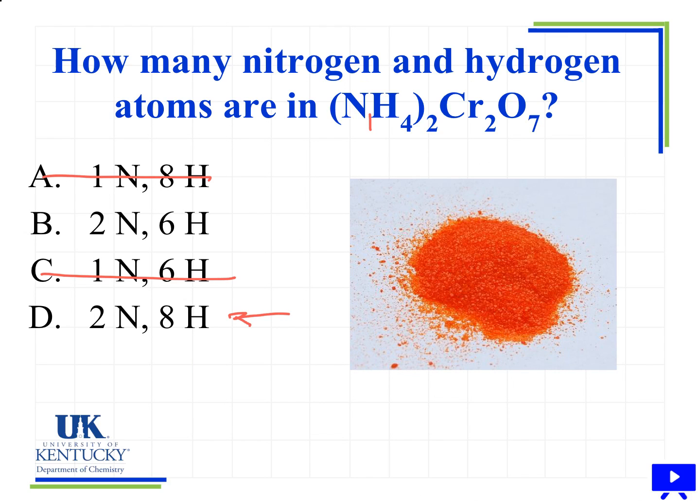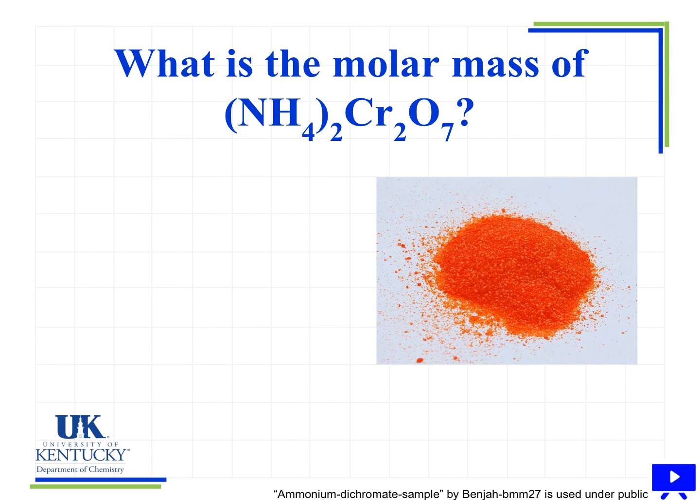Now when we're looking at the molar mass, we do have to consider every single element in that compound. So now we want to find the molar mass of ammonium dichromate.